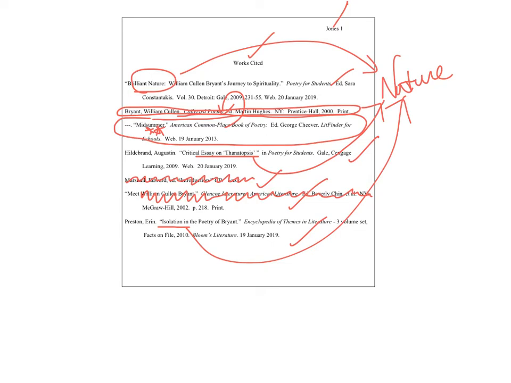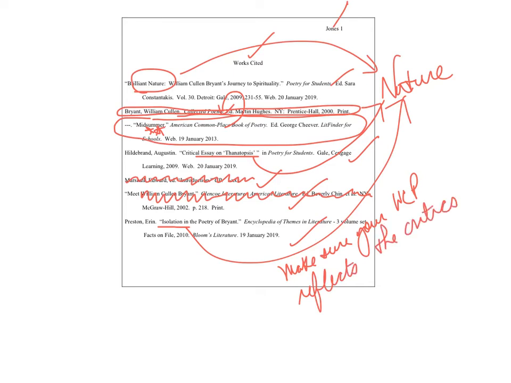You're just revising your Works Cited page so that it does reflect, let's put it this way, I'll write this down: make sure your Works Cited page reflects the critics you will be consulting in your final paper.